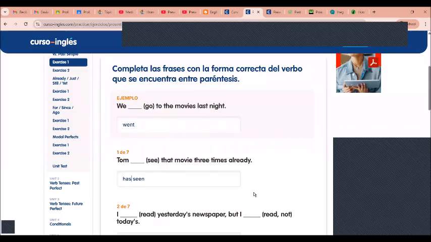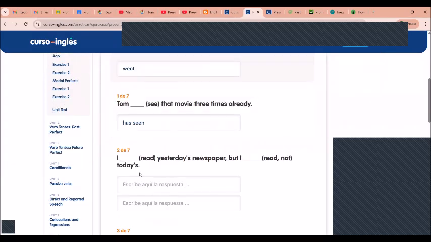Good. All right, let's go to Aleida Ayala Serrano, number 2. I have read yesterday newspaper, but I not reading today's. All right, very close, just in the other way.